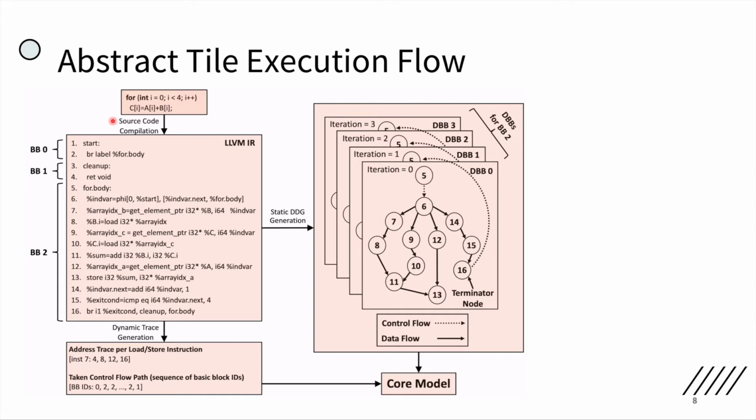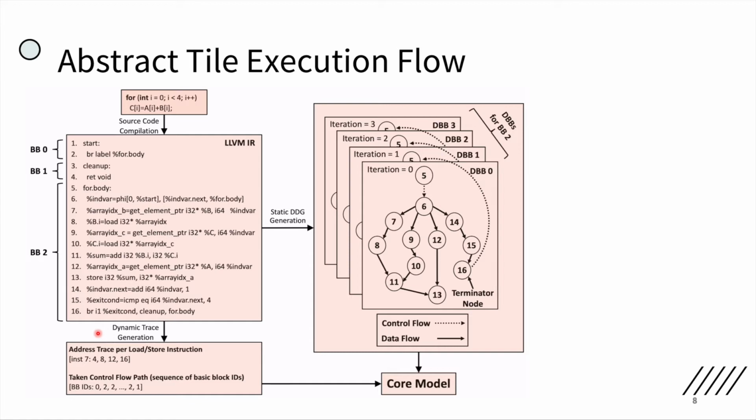MosaicSim's LLVM-based front end compiles the application to LLVM IR that is instrumented with special instructions required by the user's programming model or for generating the required dynamic traces. The instrumented program is executed on a host machine to generate control flow and memory access traces.